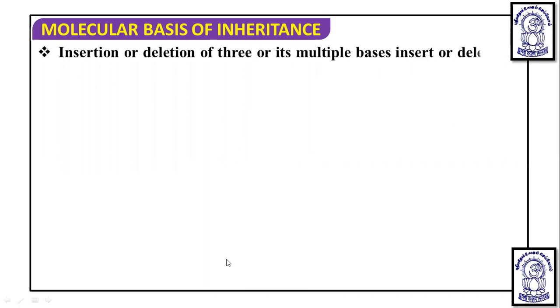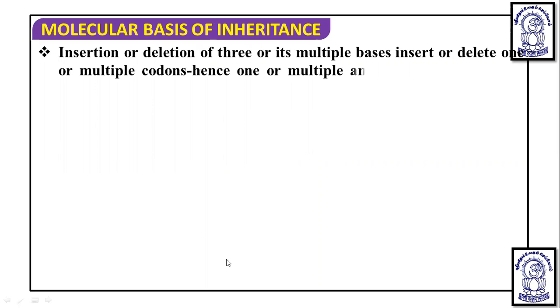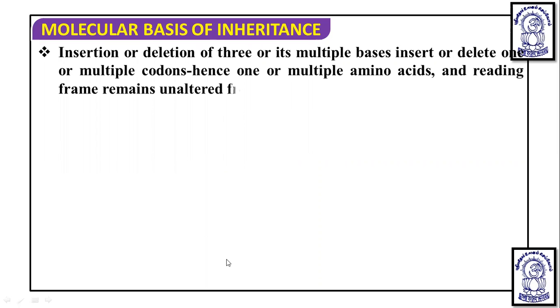Insertion or deletion of three bases or its multiples means insertion or deletion of one or multiple codons, hence one or multiple amino acids, and the reading frame remains unaltered from that point. Before and after, the reading frame remains unaltered, but a new amino acid will be added if a codon of three nucleotides is added or removed at the same point.